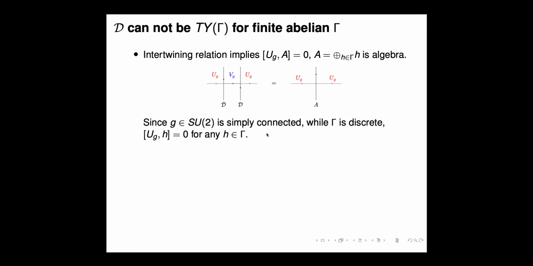So it means that this U_g, which is an SU2 element, commutes with this non-simple object A. But because SU2 is a simply connected Lie group, it cannot map one discrete symmetry element to another. So U commuting with A means that U commutes with arbitrary elements.